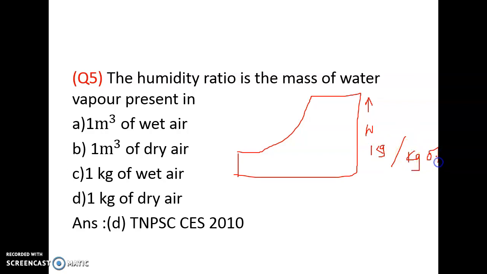So it is the mass of water vapor in kg divided by 1 kg of dry air. So option D is correct.